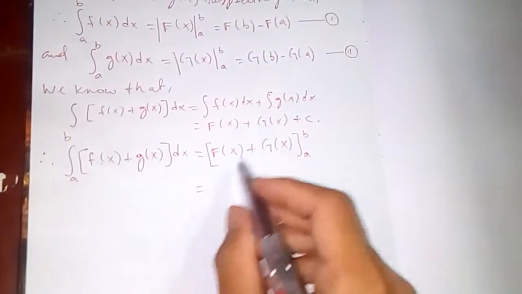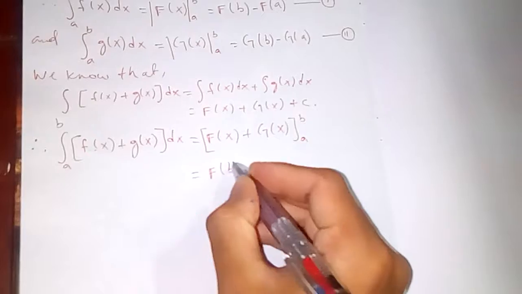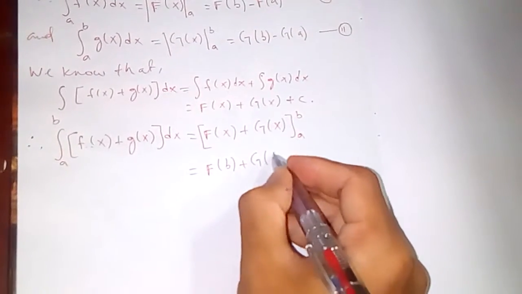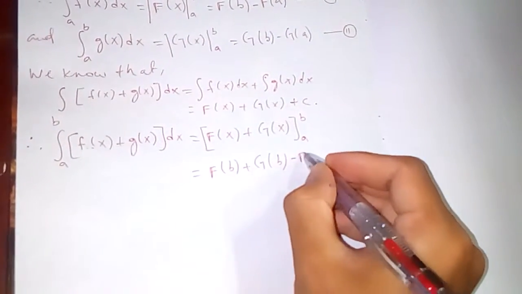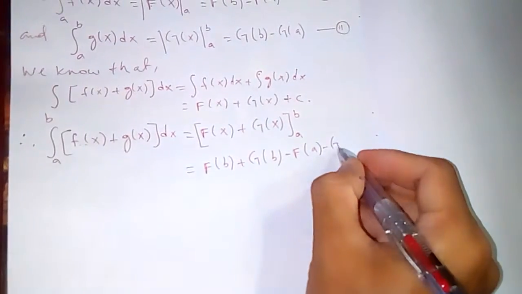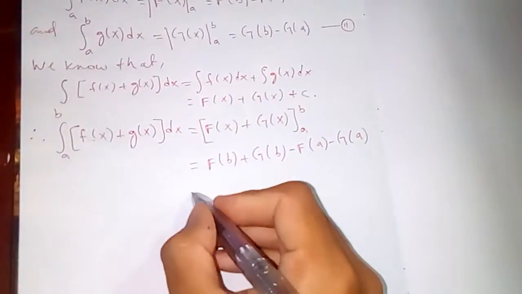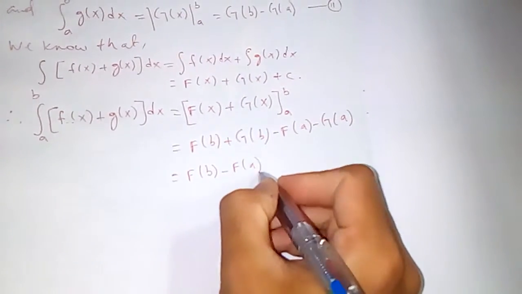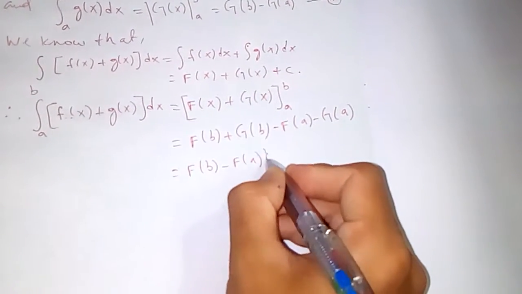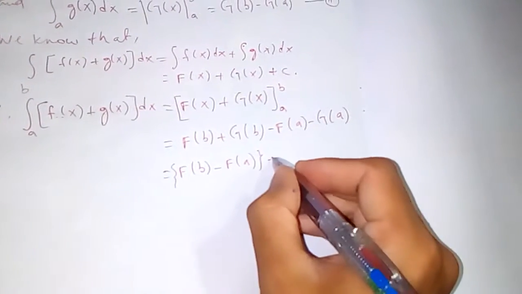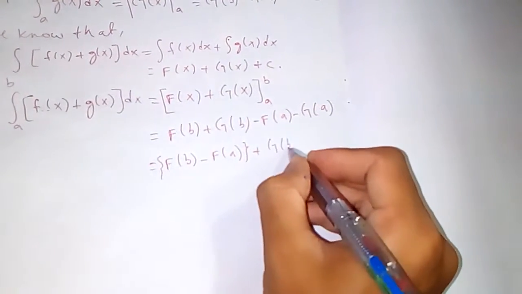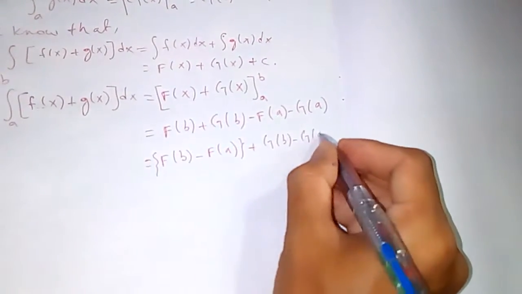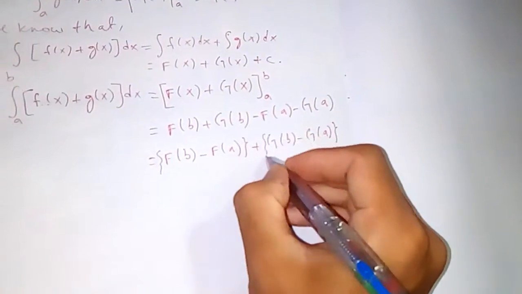So upper limit first, F of b plus G of b, minus the lower limit, F of a plus G of a. So F of b minus F of a, let's take this as 1, plus G of b minus G of a, let's take this as 2.